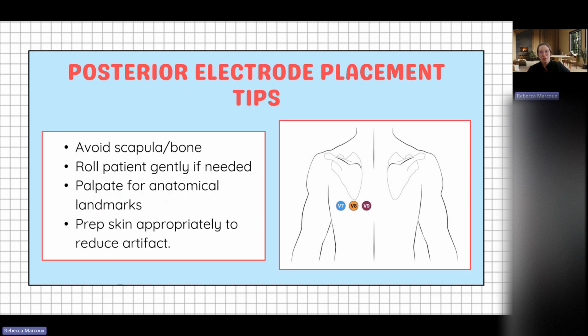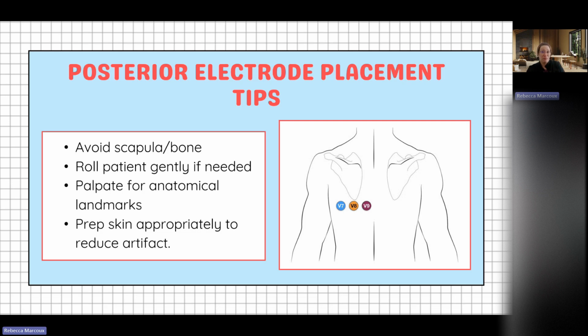It's trickier to put them on the back because backs are bonier generally. So we want to try and avoid scapula as much as we can, and bone in general, but some patients are really ribby. Sorry for a lack of better word, but you know what I mean? Their ribs are very protruding, especially in our smaller population.